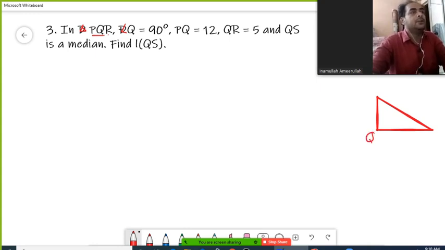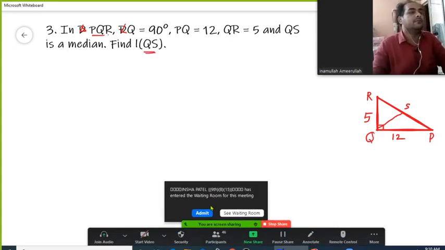This can be taken as P, Q and R, and angle Q is 90 degrees, PQ is 12, QR is 5, and QS is a median. So this QS is a median. Find the length of QS. So we need to find the length of the median.